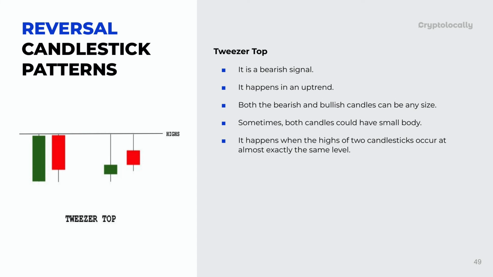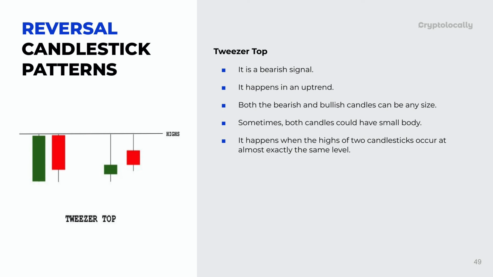The next one on the list is a tweezer top. So what is a tweezer top? A tweezer top is a candlestick combination where the highs of both candles are at the same spot. It happens when the highs of 2 candles occur at almost exactly the same level. You can say it could be any candlesticks.